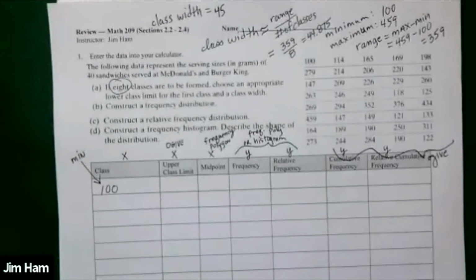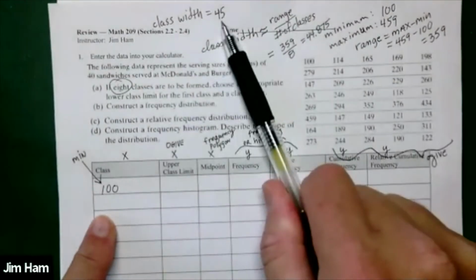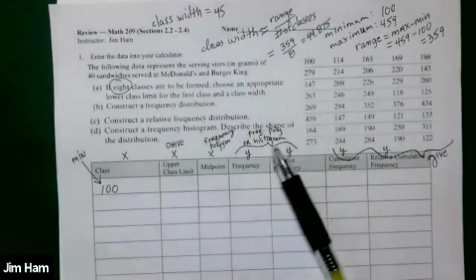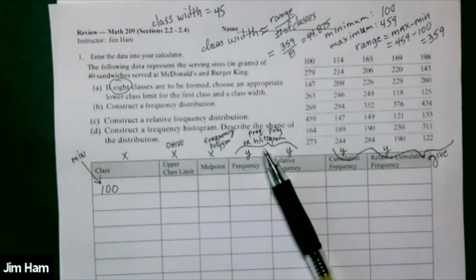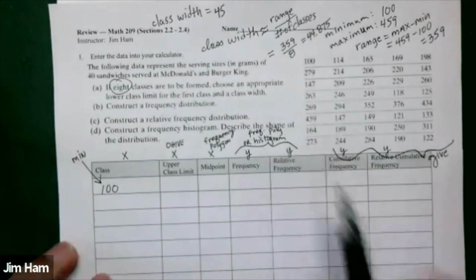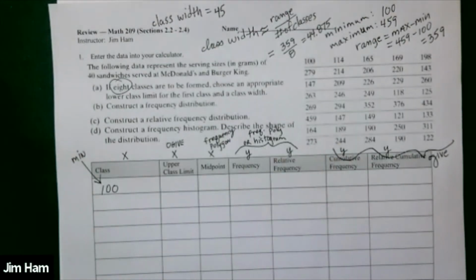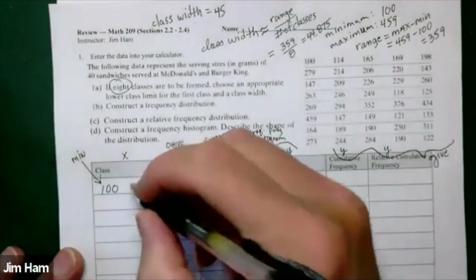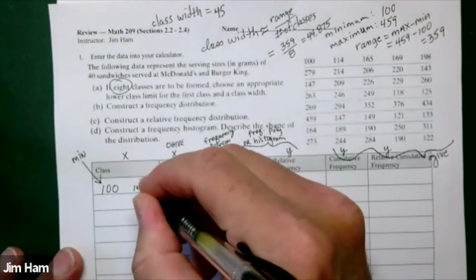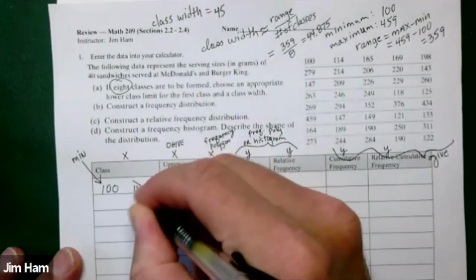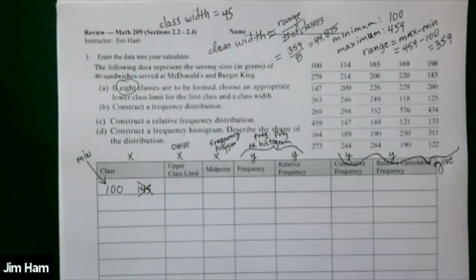And then we want to add the class width. So the bar is going to start at 100, and we're going to add 45. When we add 45 to 100, we get 145. Now, 145 is not going to go here, because if we put 145 there, then we're going to actually have 46 data values in that first class.